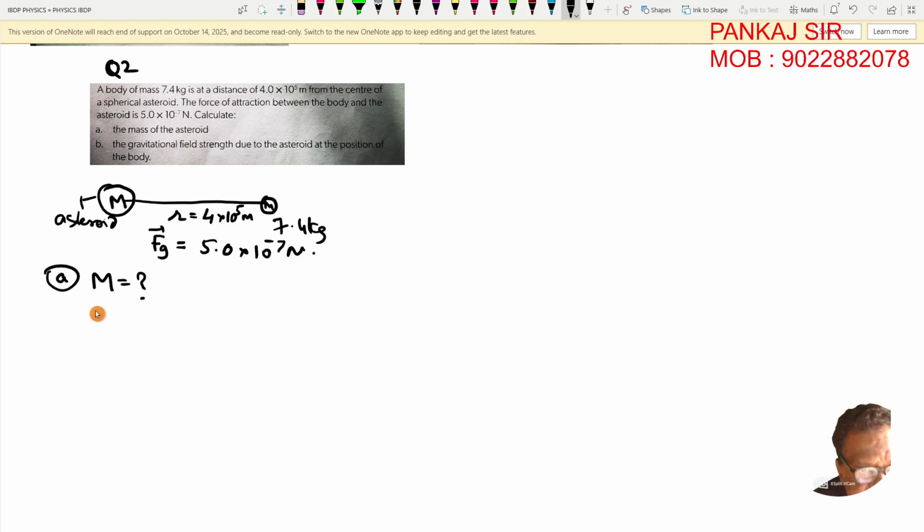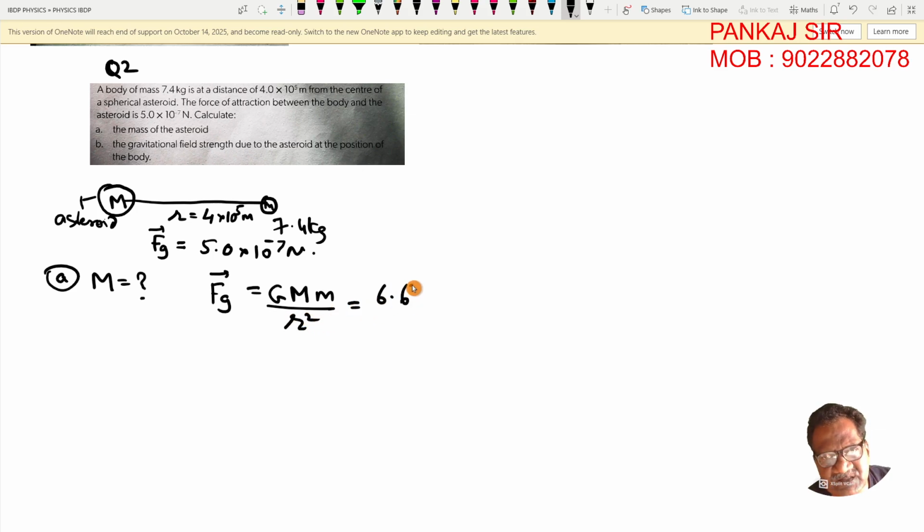So let us get started with the A part of the question. We'll be using the same formula. So Fg is equal to G capital M small m divided by r square. That is equal to 6.67 into 10 raised to minus 11 into capital M into small m, which you can take as 7.4, whole thing divided by r square.